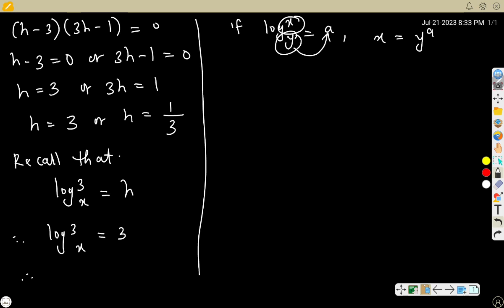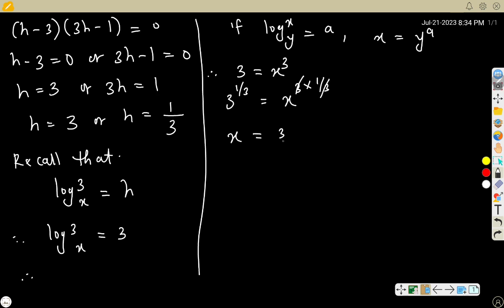So from here we have 3 is equal to x raised to power 3. How can you remove this power? Multiply both powers by 1 over 3. So this is x raised to power 3 times 1 over 3, so that we can clear this. So x is equal to the cube root of 3, because 3 raised to 1 over 3 is the cube root.